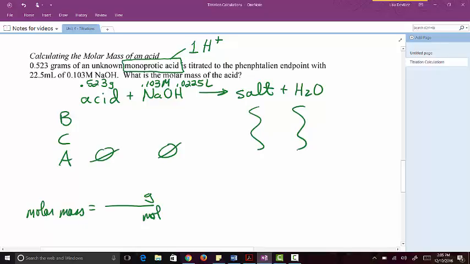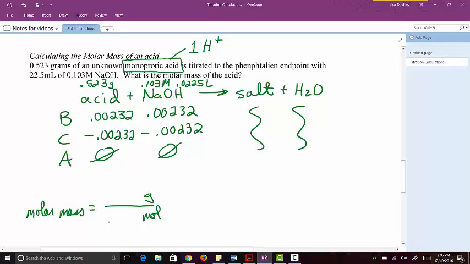And here I have 0.103 times 0.0225, so 0.00232, that's my moles of sodium hydroxide. All right, so that's my change, which means the acid is here, like that.